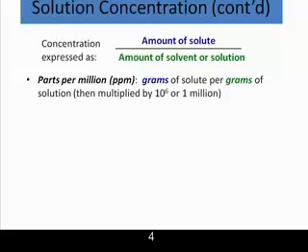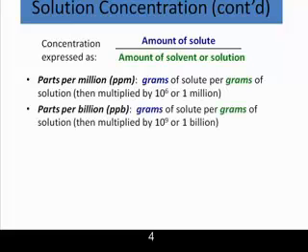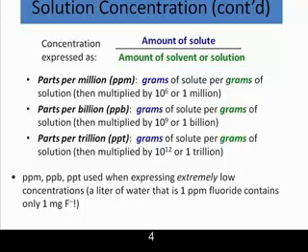Parts per million is grams of solute per grams of solution times 10 to the 6th. Similarly, parts per billion is the same except times 10 to the 9th, and so on. You see these most commonly when talking about water quality, air quality, things like that, where you're dealing with really, really low concentrations.